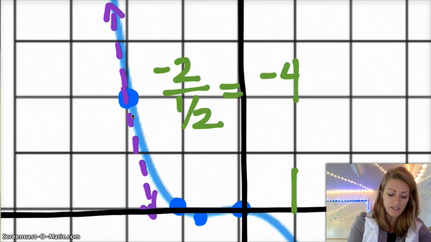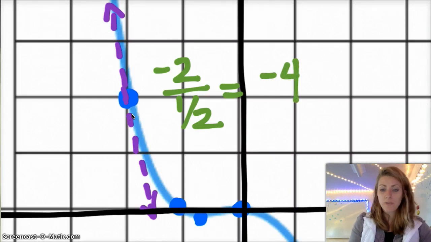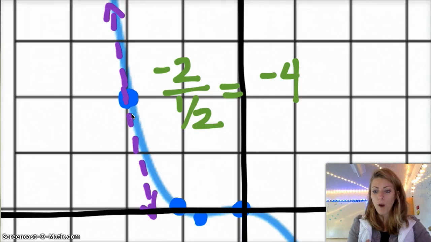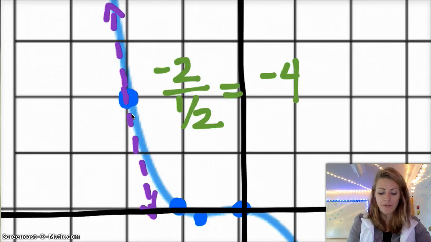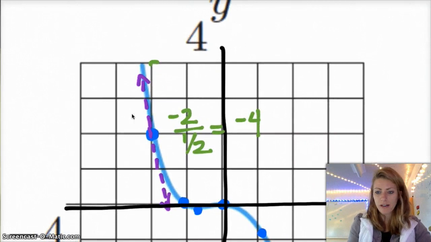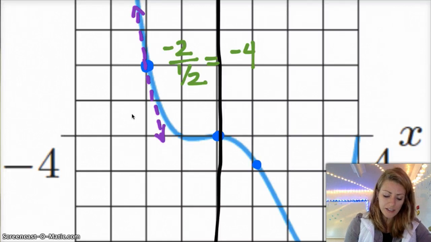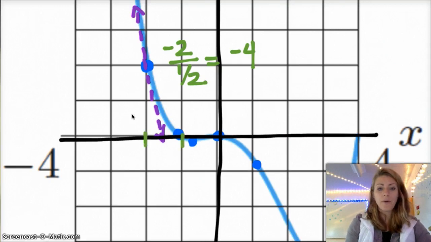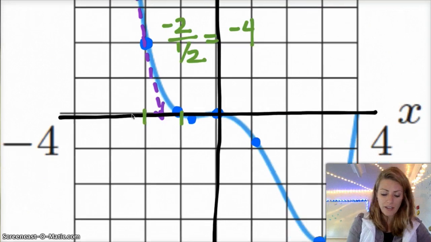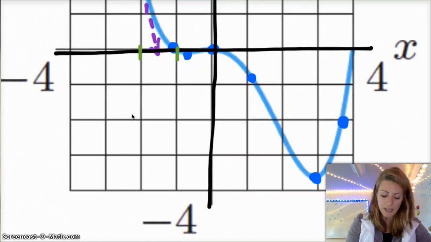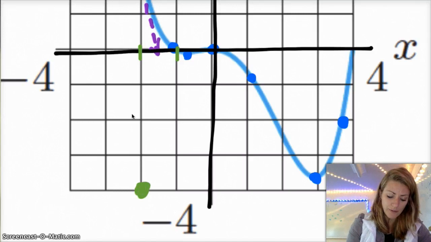And so I take this as -4, and that's the y coordinate of my derivative function. So here's x is -1, x is -2. When x is -2, I think the derivative is approximately -4. So I actually have a point down at -4.